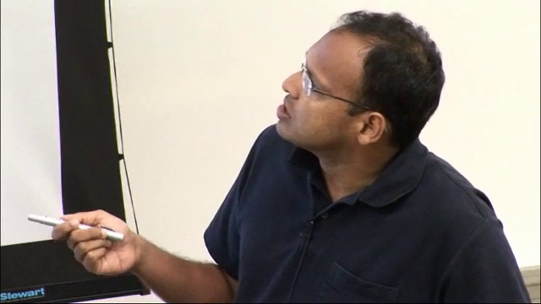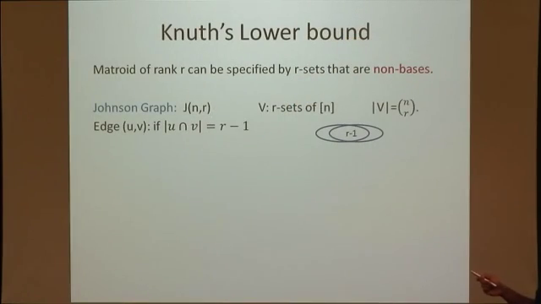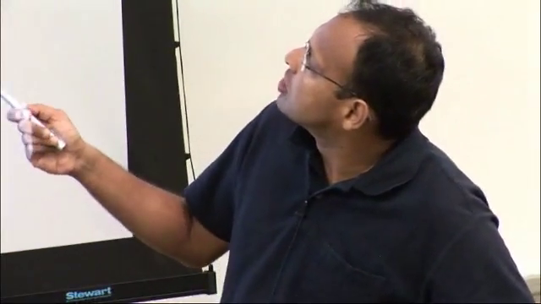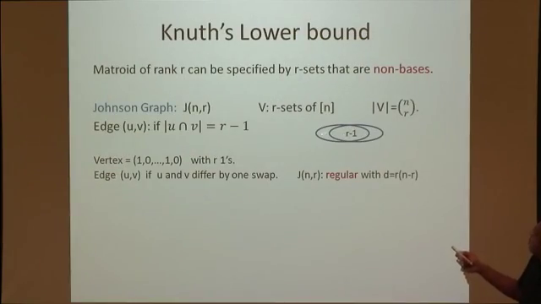So it's a complete description, and it's convenient to define the Johnson graph, which probably many of you know. This graph has two parameters n and r, and it has n choose r vertices corresponding to each subset of size r of these n elements. You put an edge between two vertices if they are common on r minus 1 elements. In other words, these are two sets of size r, and if they differ in just one element, then there is an edge between them.